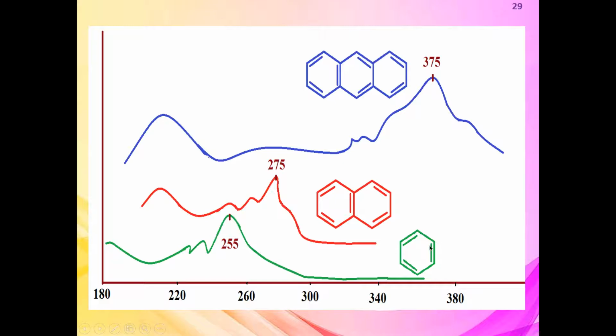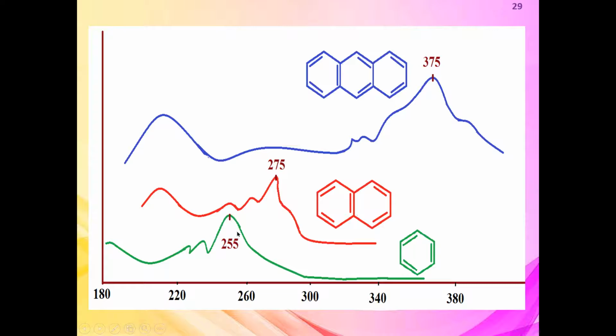Similarly, in case of benzene, this is the lambda max value at 255 nanometers. When there is an increase in the number of rings, fused rings, in case of naphthalene, due to the delocalization of these 5 pi bonds, the lambda max value has been shifted to higher wavelength, and in case of anthracene, it is still higher.